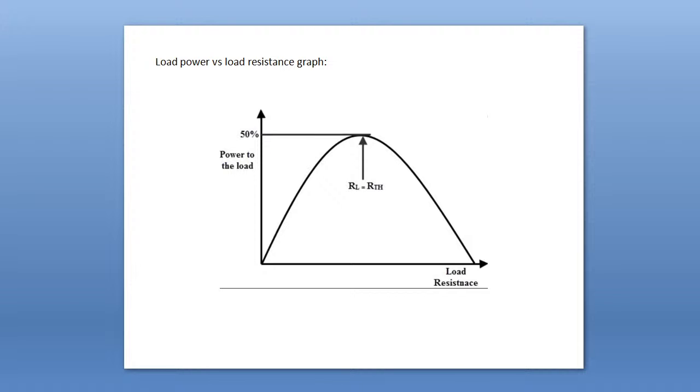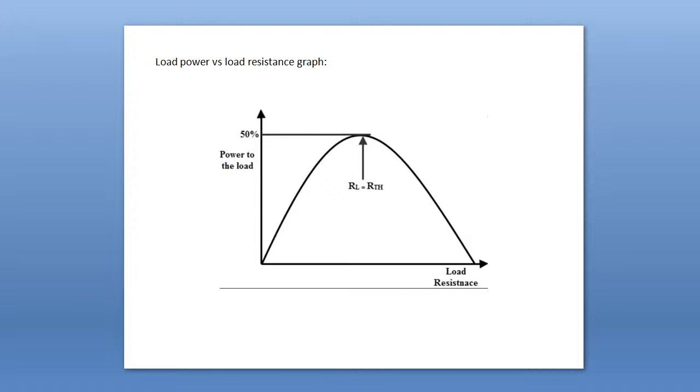There is no loss of power due to feedback from the load. Understand this point? When your load resistance equals the Thevenin resistance, maximum power is transferred to the load. That means there is no loss of power due to feedback.